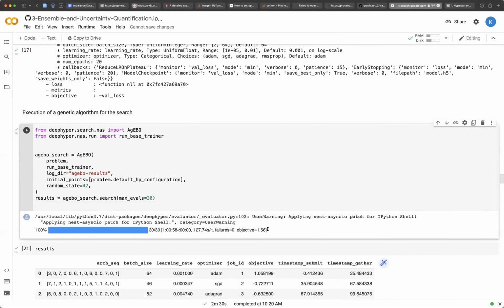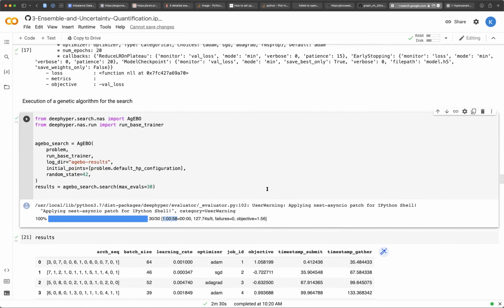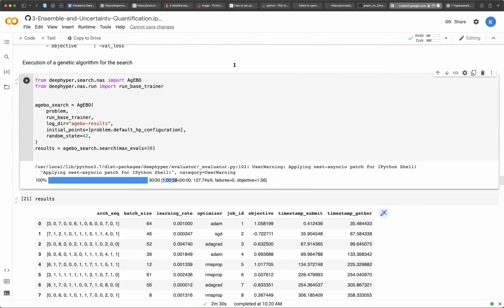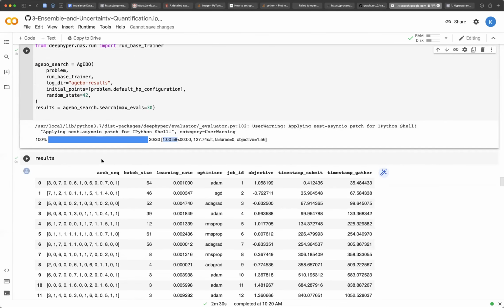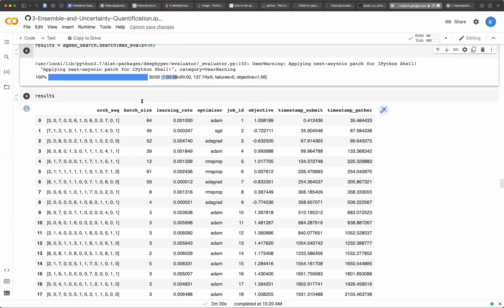This part is the one that takes the longest time to run. In this case, it ran for about 1 hour before it was able to give me all the evaluations for the 30 models that I was looking for. I have pre-run it, and the results can be visualized as before.